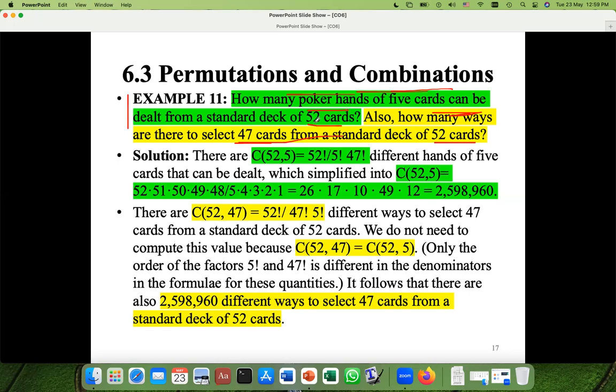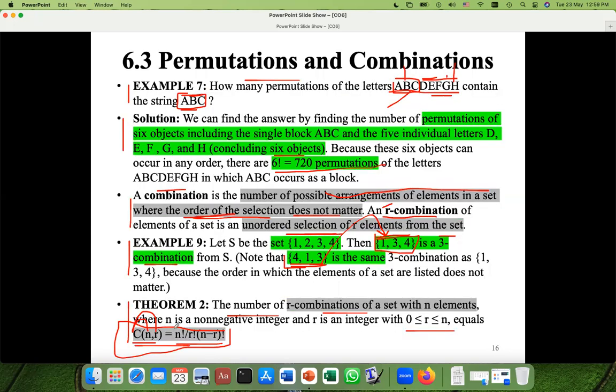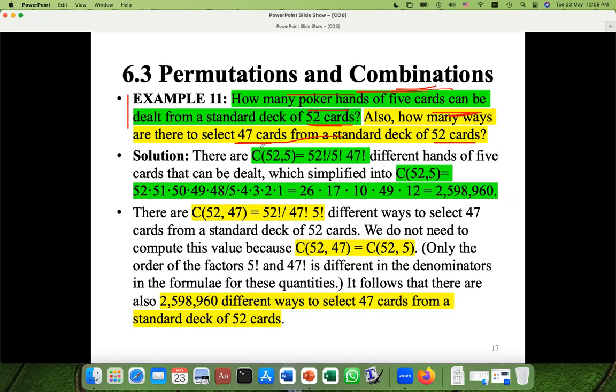So what is n? Total number of cards is 52. What is r? 5 cards. This is for the first question. And use that formula now. N factorial divided by r factorial multiplied with n minus r factorial. So n is 52, r is 5.